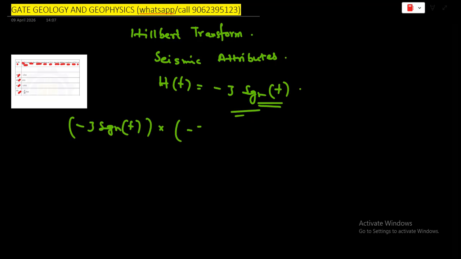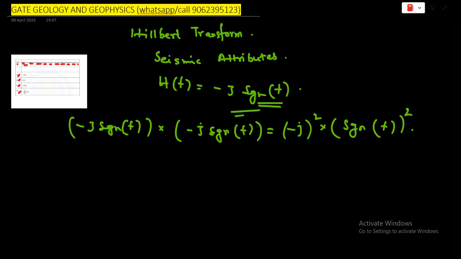This will be equal to what? Okay, now since j squared is -1, minus j whole squared is also -1, right?